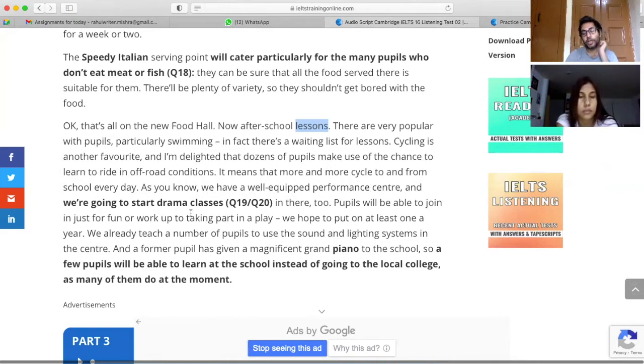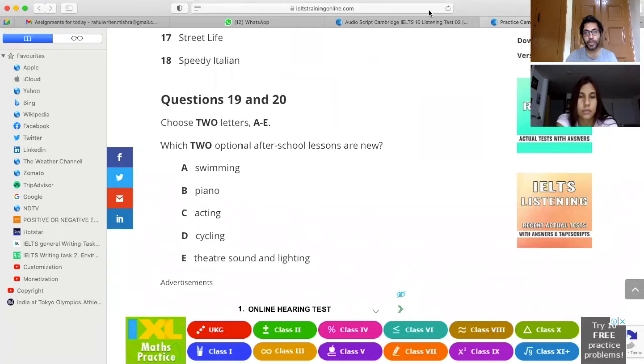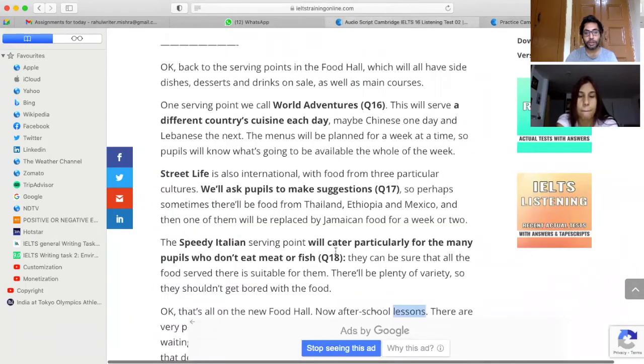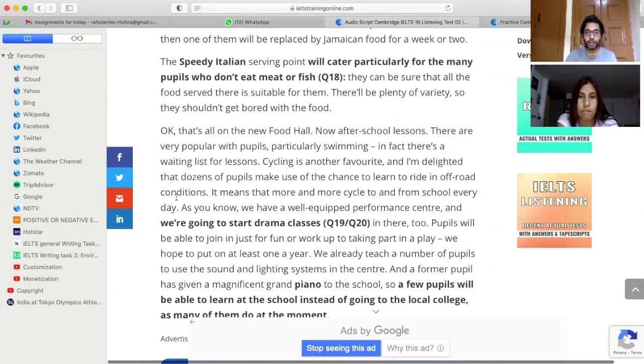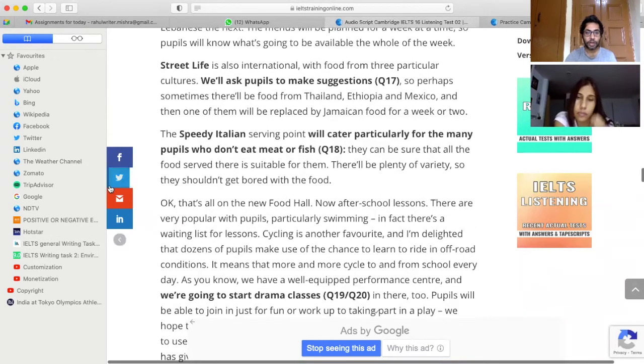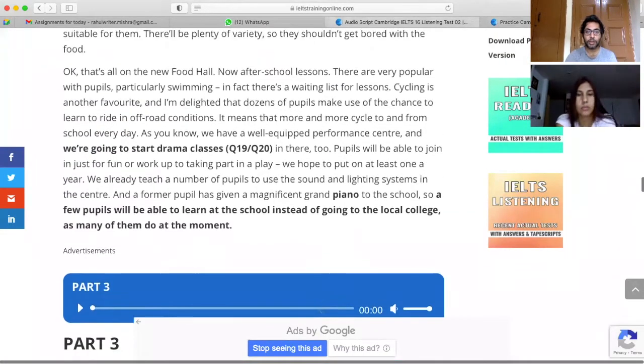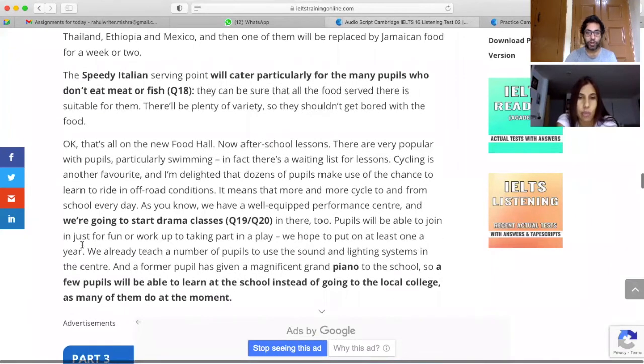We are going to start drama classes in there too. Drama is acting, right? That you have written. That is your C. So C is drama. Then pupils will be able to join just for fun or work up to taking part in a play. We hope to put on at least one a year. Then we teach pupils about sound and lighting systems. That is okay.